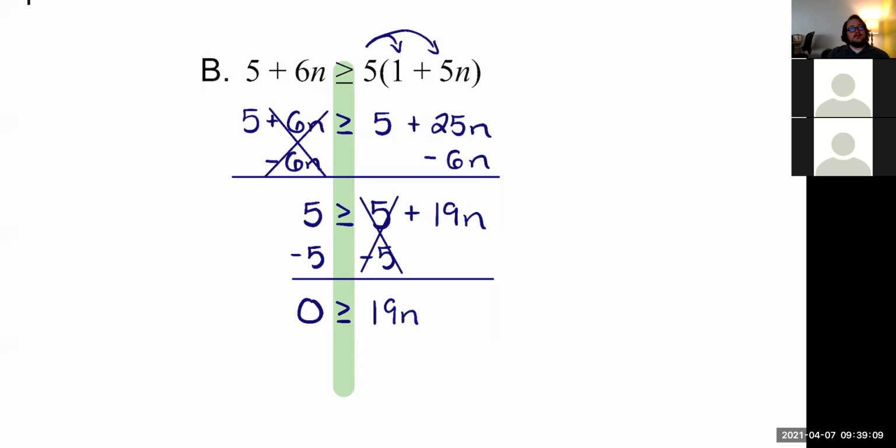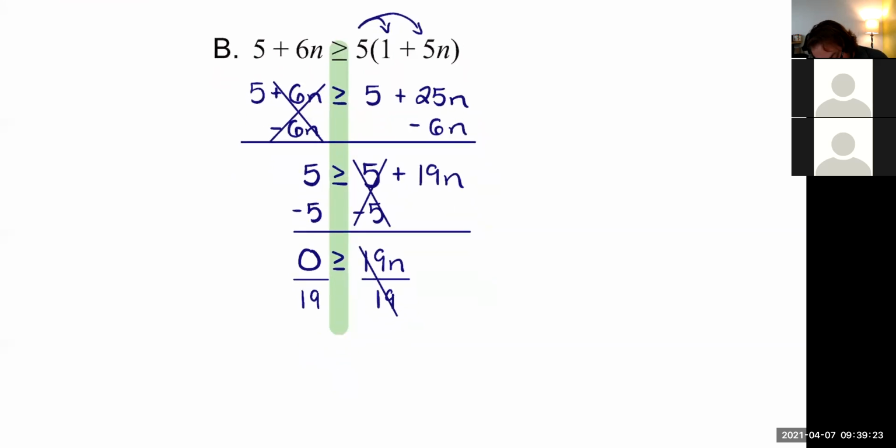What's left to move? The 19 off of the n. How would you move that 19? Divide it from both sides. On the left, 0 divided by 19, still going to be 0.